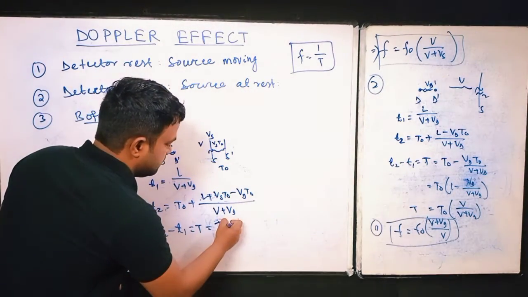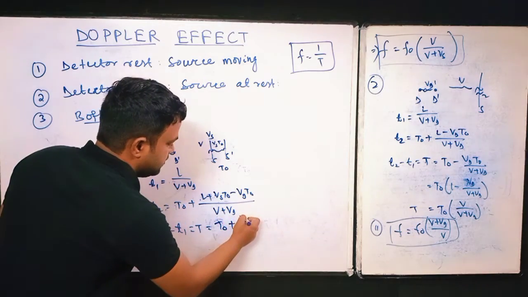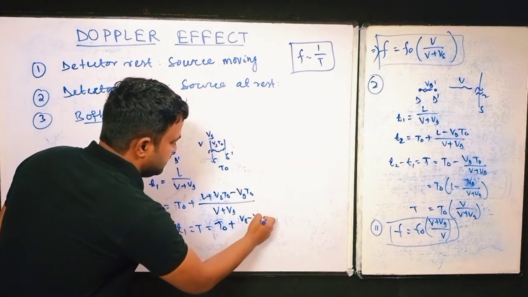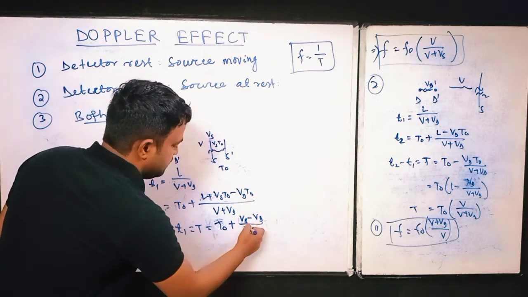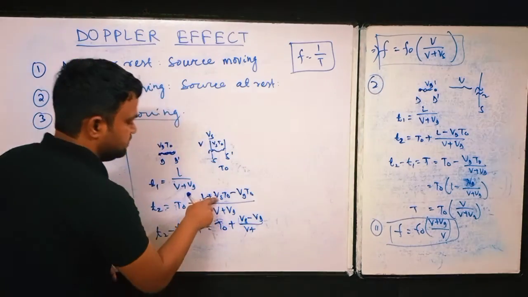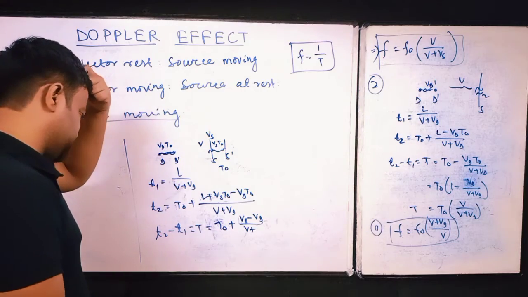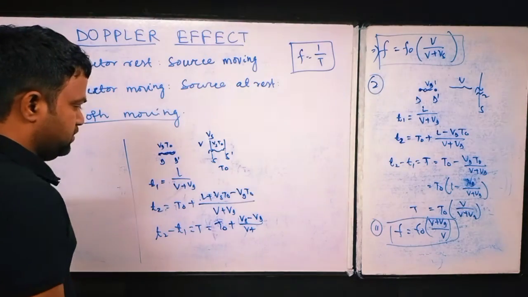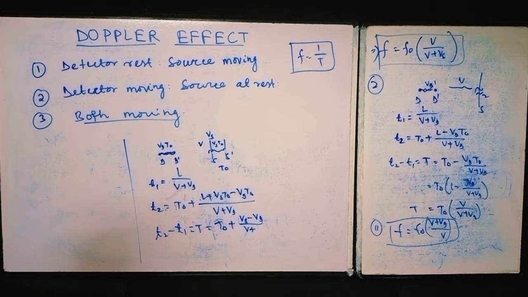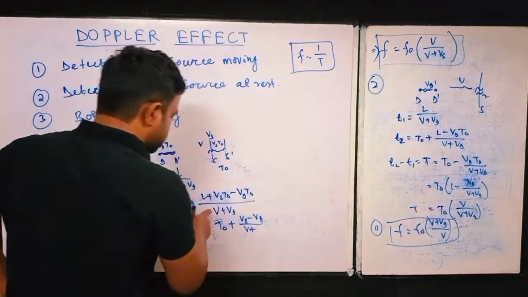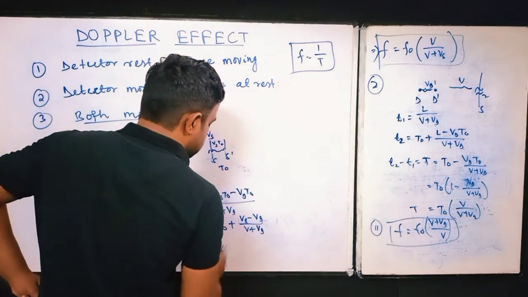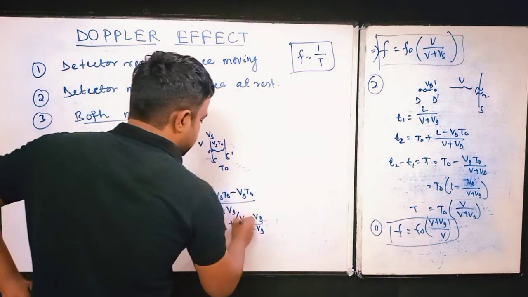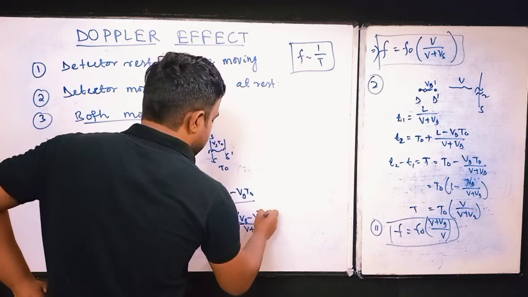So this will be 1 plus Vs minus Vd by V plus Vd.